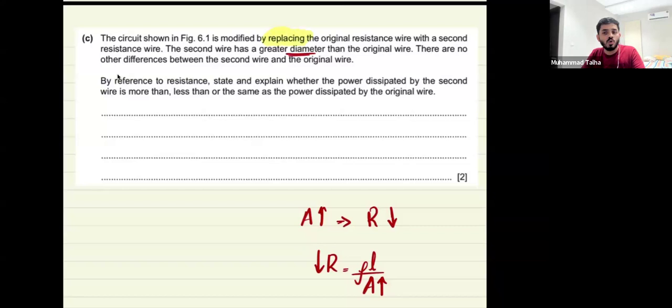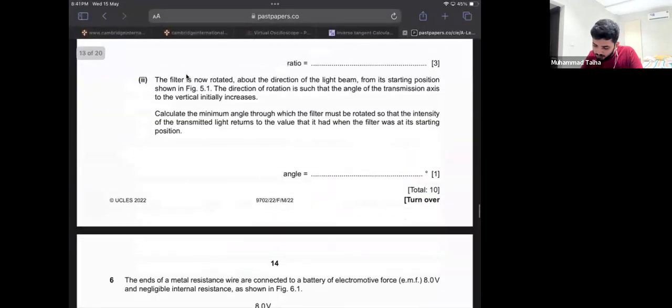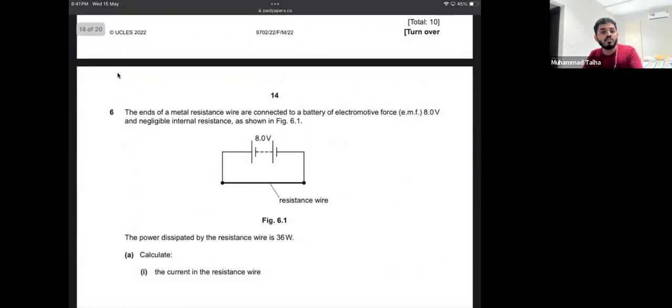So if resistance goes down, let me show you the circuit back again. Still 8 volts appears here, because there are just these two components, the cell and the wire. So all of the 8 volts appear across the wire, as was also the case previously. The same voltage appears here, but because of the change in resistance, current would change.